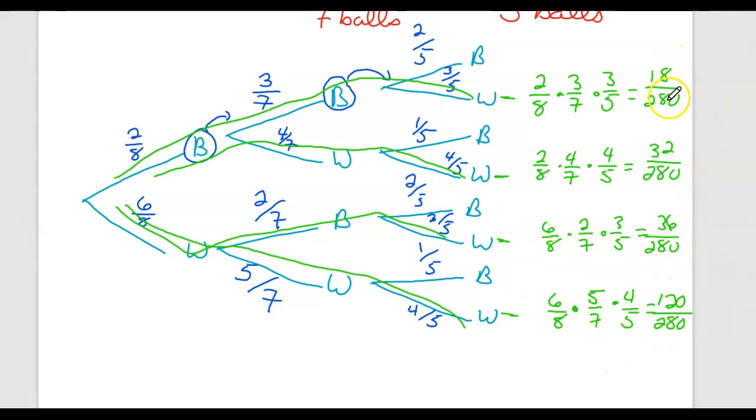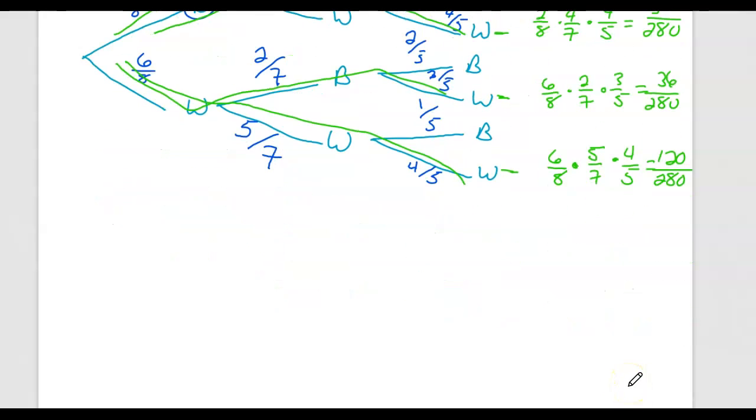So that means I want to add these 4 together. And if I add those 4 probabilities together, I would get 206 out of 280, which would simplify into 103 out of 140.